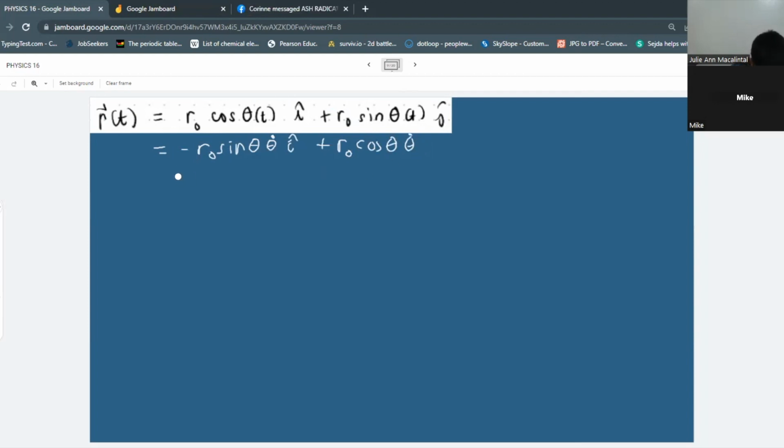Okay. Now, new line. d/dt, the derivative with respect to t of negative r naught sine theta theta dot. And r naught only. Sine theta theta dot.